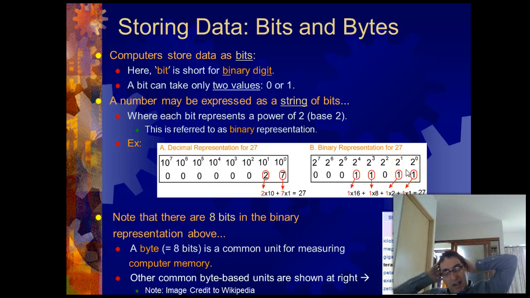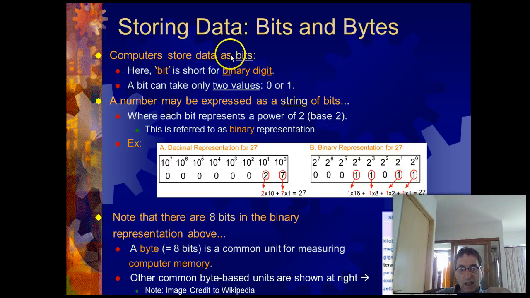If I had many different circuits that were either on or off, I could have the first circuit be on, second circuit be on, the third circuit be off, the fourth circuit be on, and that would represent 11011. In other words, that would represent the quantity 27. And these are called bits. Something that is expressed as either a 0 or 1 is called a bit.